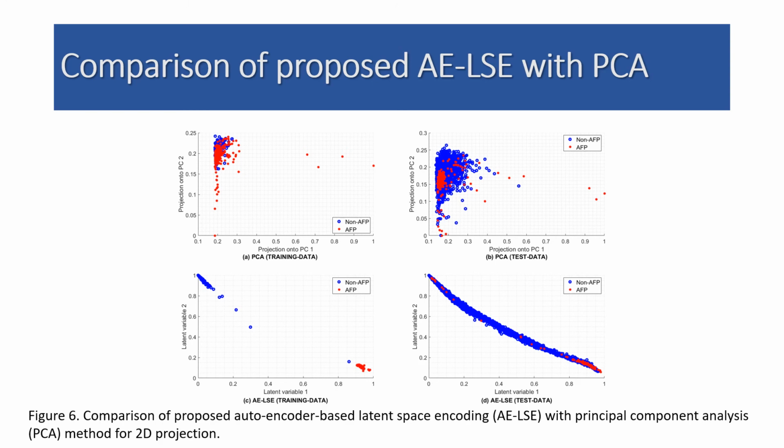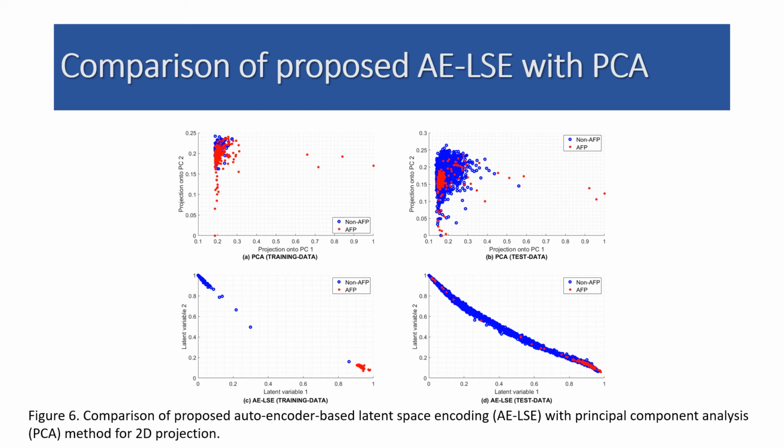The eigenvectors and the latent space obtained from the training are then utilized to project the test data. Differences in the mapping capabilities of AFPs can be observed for both PCA and AE-LSE method in figure 6B and 6D respectively.